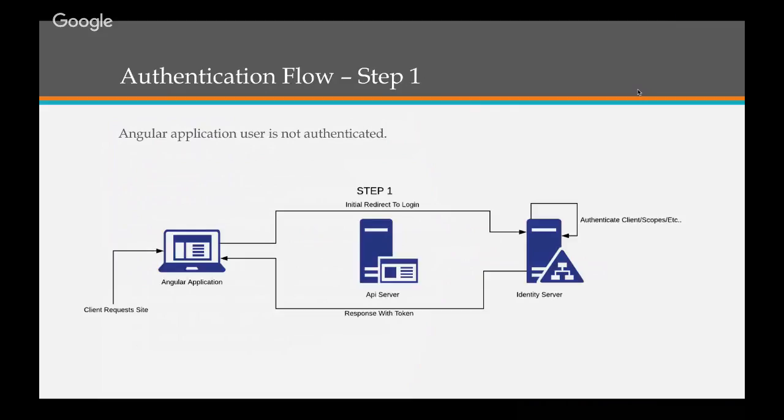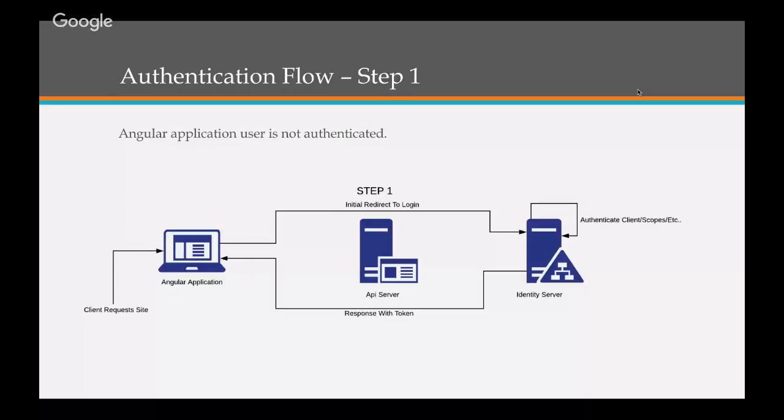The identity server is going to just show you a login screen, and you will log in. It will authenticate the client, being where you came from, what scopes you're requesting, any APIs you're requesting, and whether you have the referer in your header to make sure you're coming from where you say you're coming from. It'll authenticate all of that.